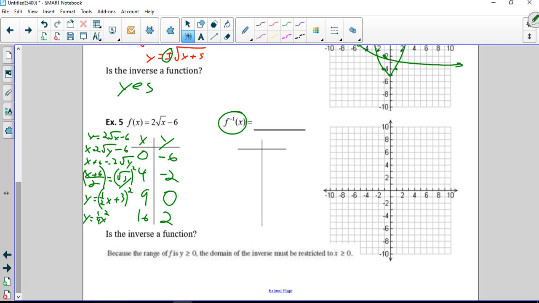Double it. That's 6/2 x, which is 3x. Oh, sorry. Yeah, 3x plus 9. So the inverse of 2 radical x minus 6 is 1/4 x squared plus 3x plus 9. So parabola.